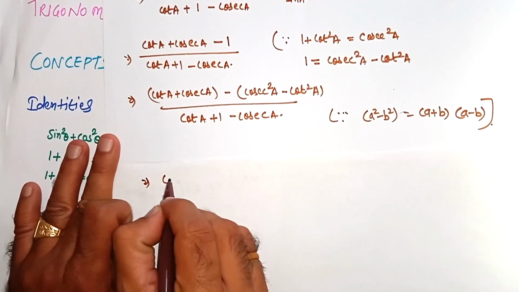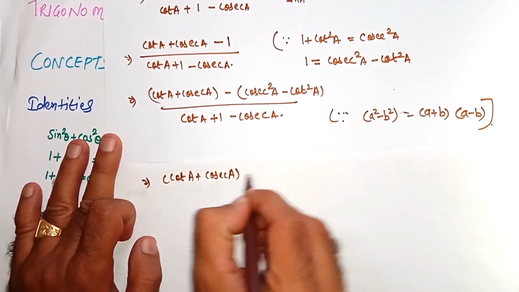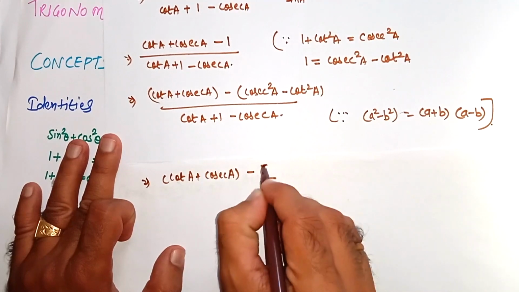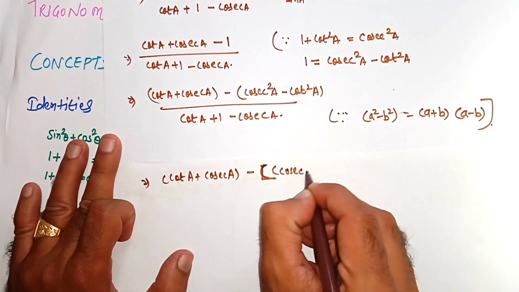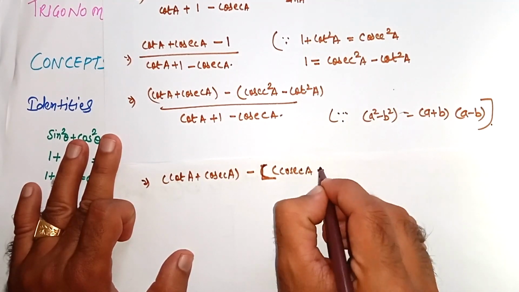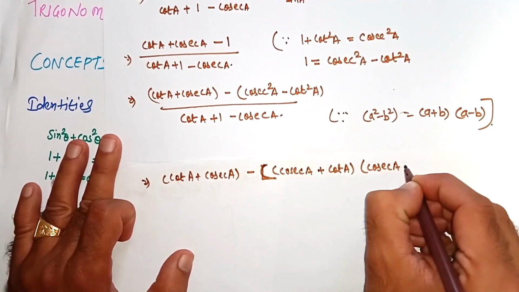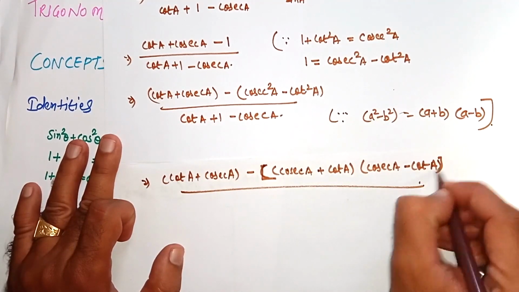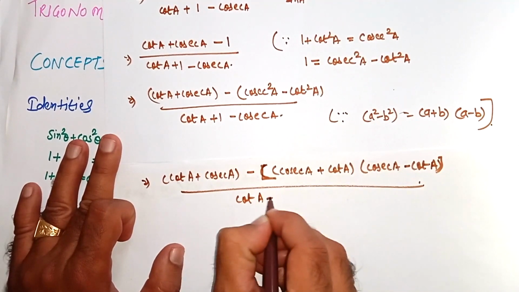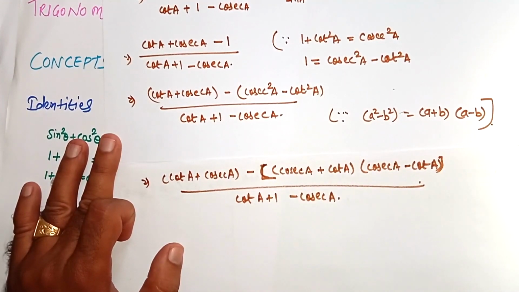It will become cot A plus cosec A minus, for this we put a bigger bracket here, cosec A plus cot A and cosec A minus cot A, whole over cot A plus 1 minus cosec A. I hope you are following.